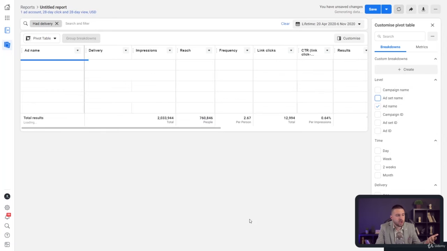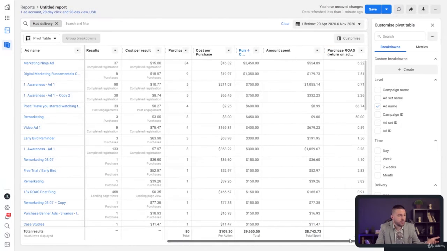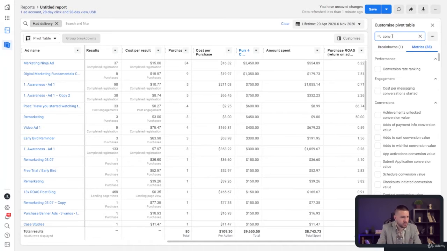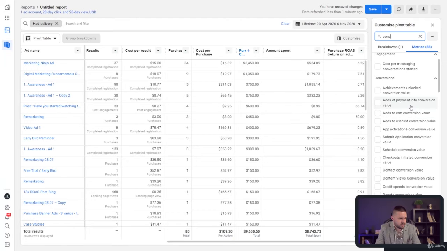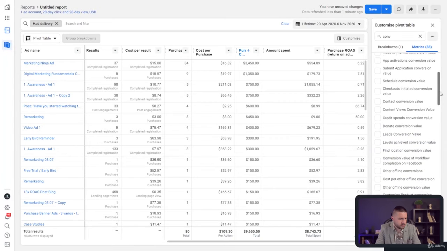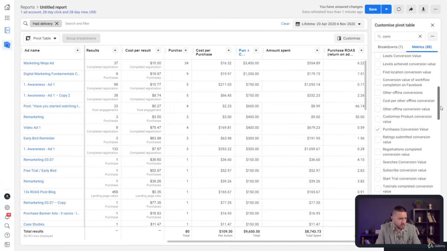Maybe you want to see which ad actually created the most conversions. So for example, I have some metrics over here. So we'll go back to the metrics and get the conversions. See which one is the right one.